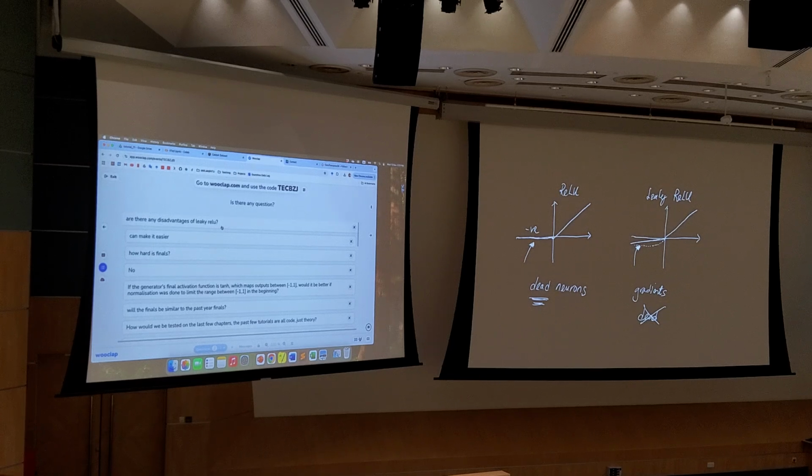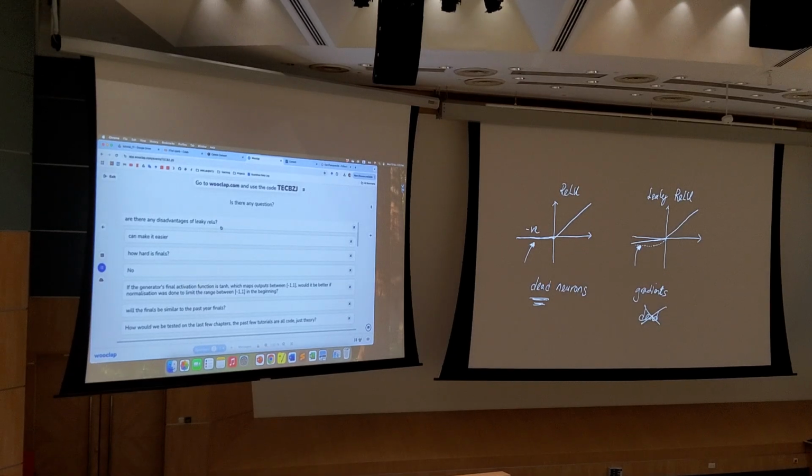Instead of having a linear slope, we are having a curve at the negative region. That allows some non-linearity in the activation function at the negative region. So there are no obvious weaknesses when it comes to leaky ReLU.